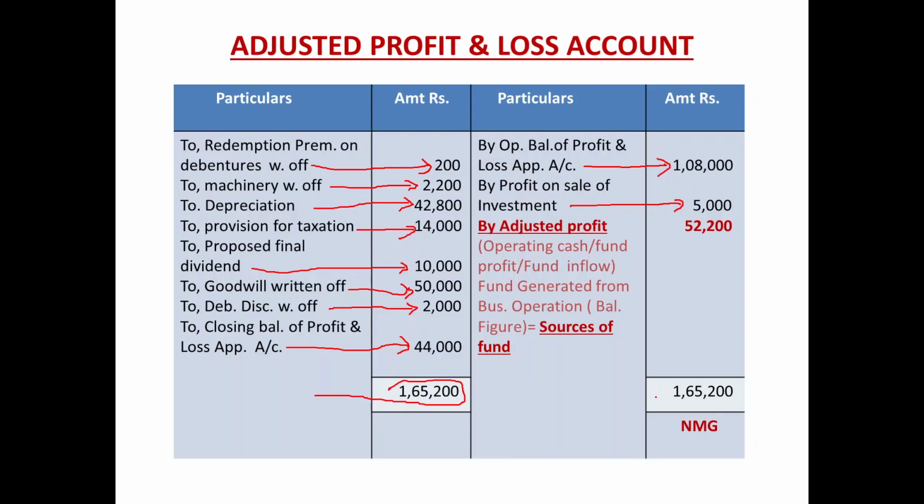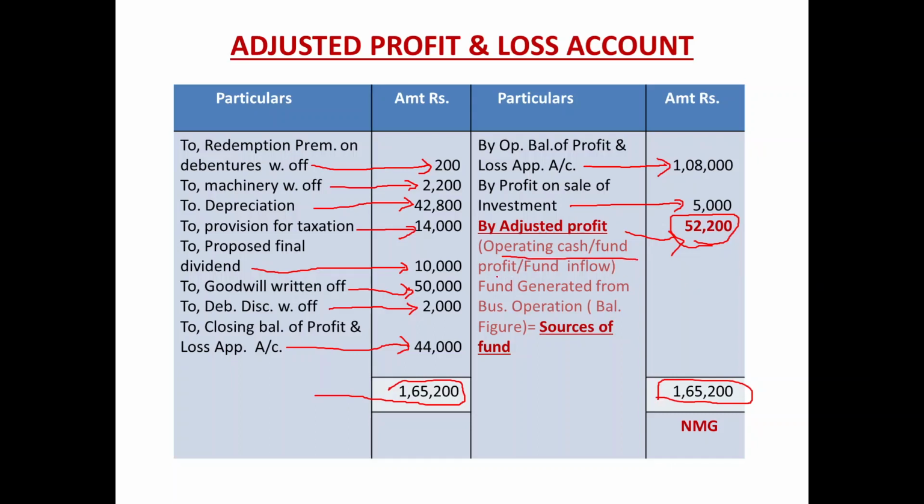Put it on the right hand side or minus side and find out the balancing figure, which is the adjusted profit, 52,200.